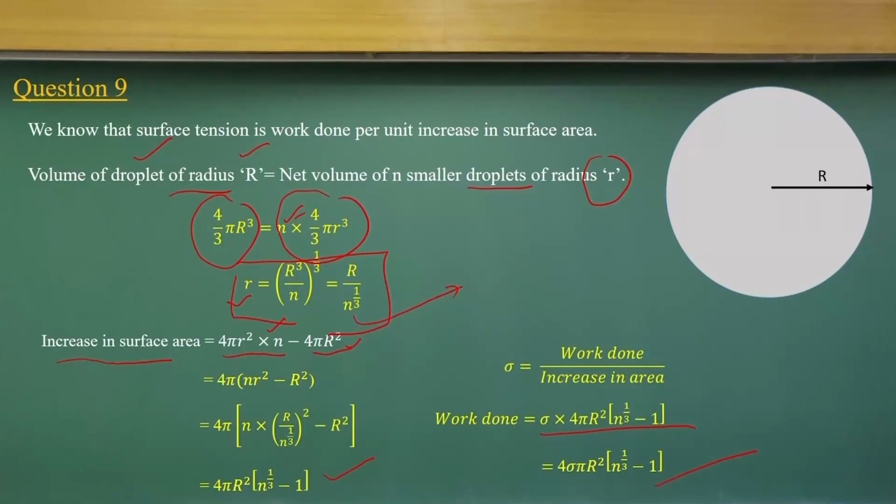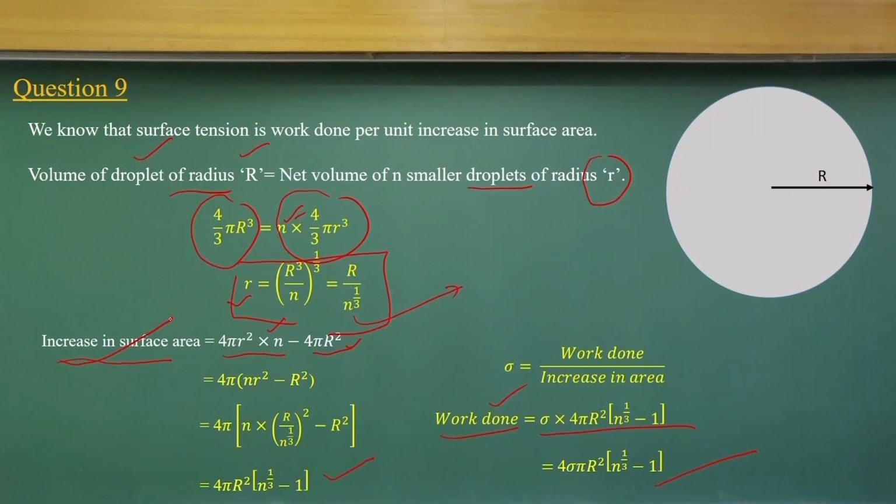So we just need to compute the increase in the surface area, and after knowing this, the increase in surface area times the surface tension force will give us the work done.